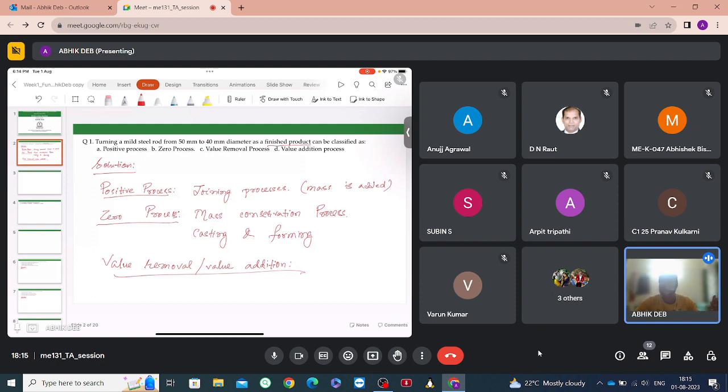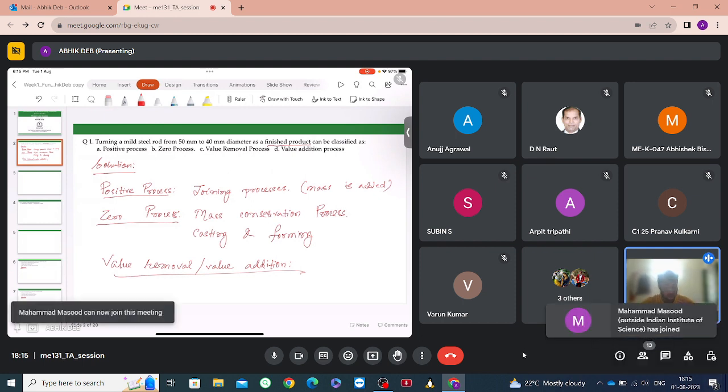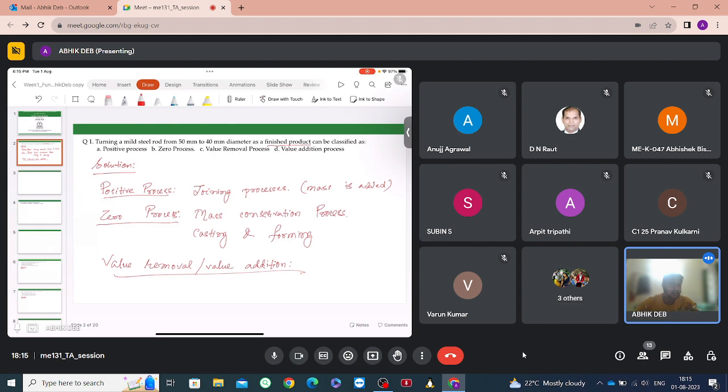The value is not getting removed from the substrate or the pre-processed component. Rather, the value is being added in this process so that the finished product has a higher value than its pre-processed counterpart. So now is it clear what is the difference between value removal, value addition and the negative process?